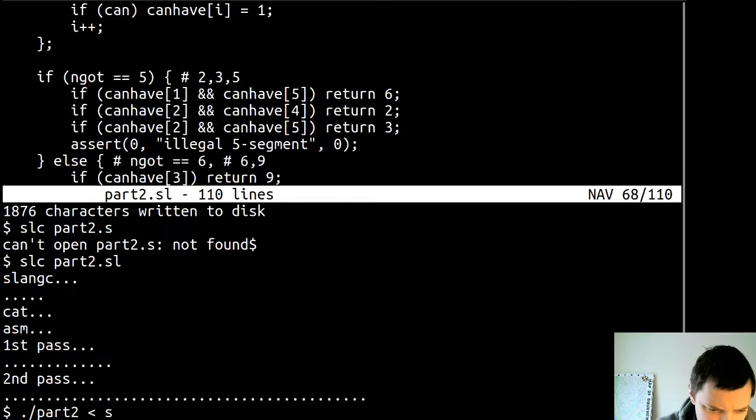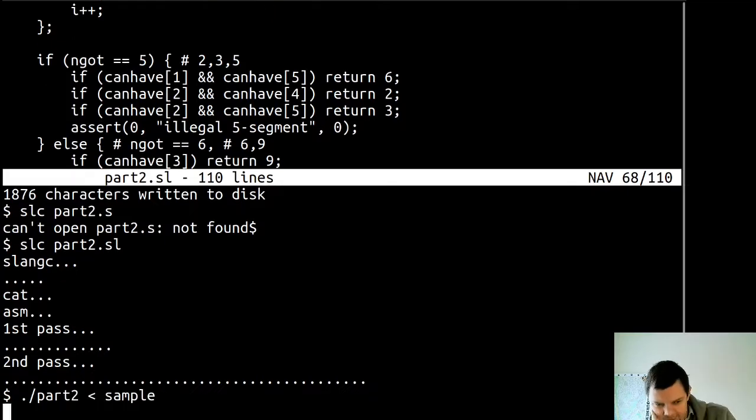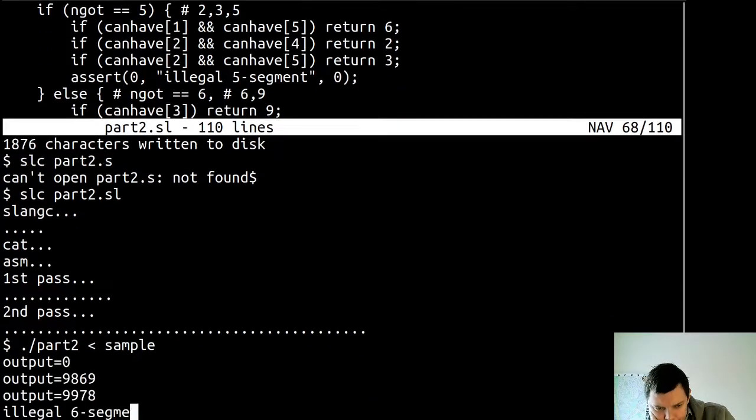Okay, let's put it on the sample input and see what it says. Legal sixth segment. Okay, interesting. We're 9869 and, well, 0 is probably wrong. Oh yeah, that's just when we're initializing. So the first one's 9869 and 9978.